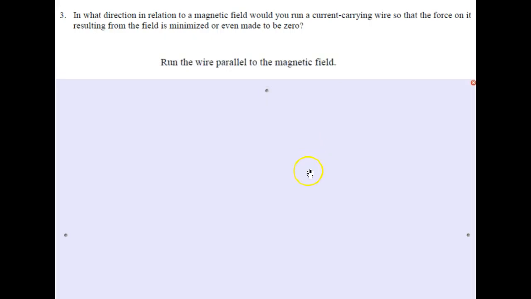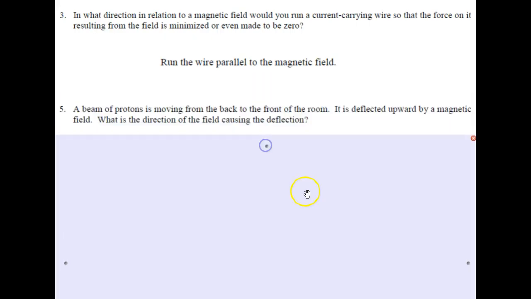So to minimize it or even make it zero, you would want to have the wire orientated parallel to the magnetic field itself. In this case, there would be no force experienced at all on the current carrying wire.